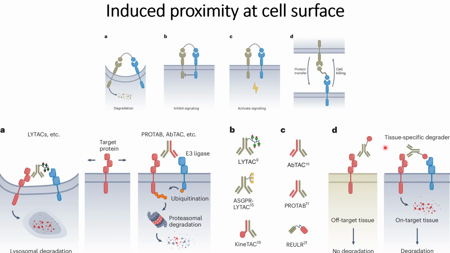Whereas if ubiquitination is common in that tissue, then if we use the ubiquitination degradation method, it will cause on-target tissues to degrade. So this is one example that shows that before selecting a strategy, we need to understand the characteristics of the tissue or cells on which we are working, whether ubiquitination is the right strategy, or lysosomal degradation is the right strategy.